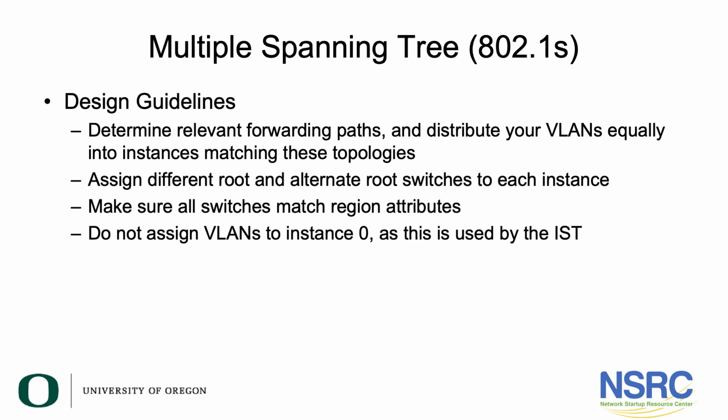It will be used by the internal spanning tree, but also if you have not mapped a VLAN to a specific different instance, then that VLAN will use the IST. So you should not try to assign VLANs to instance 0. Some switch vendors will actually prevent you from doing it, but with some, it's a silent configuration error.